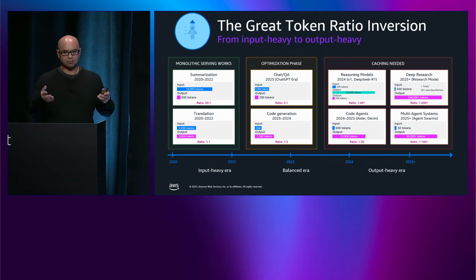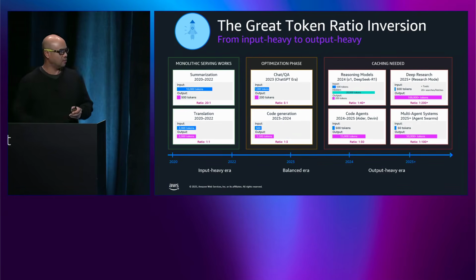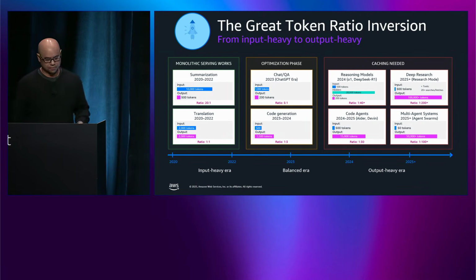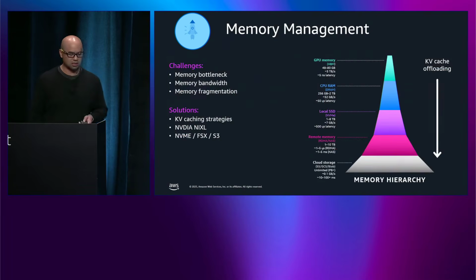You can guess that a lot of those tokens are context being carried over across the thinking of those models, and therefore it's not very optimal if you need to reprocess those tokens all over again. So caching is needed in this case.